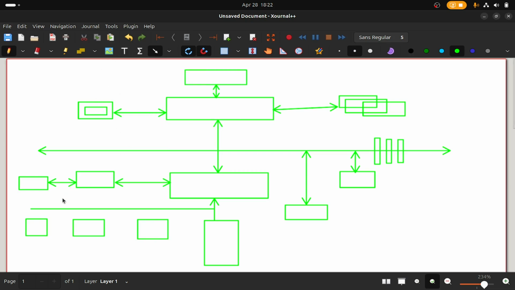Connections. Now we need some labeling. So that is the processor. That is called North Bridge. That is graphics.